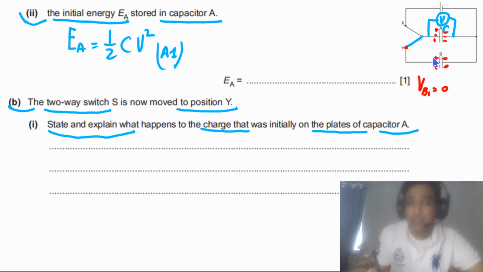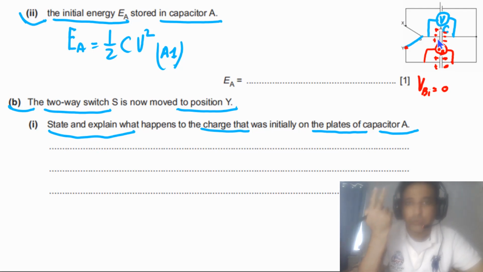This process will continue until the PD across A and B is the same. So we can say the final PD across these two capacitors, let's say that is VB. When the potential difference across these two capacitors is the same, charge will stop flowing.